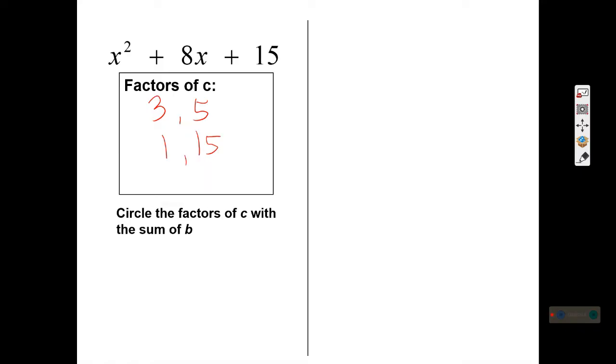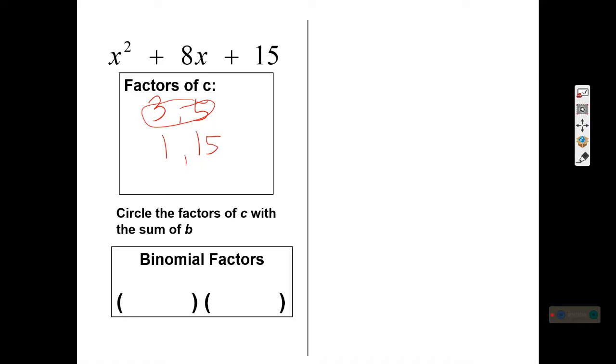Since we have here the middle term which is 8x, so you will have to use these numbers. Okay? And then, your binomial factors should be x plus 3 times x plus 5.